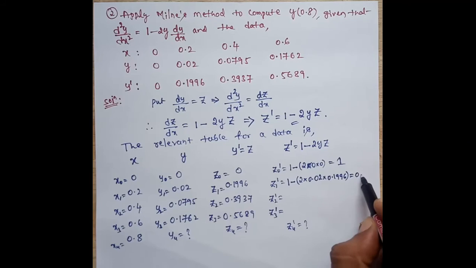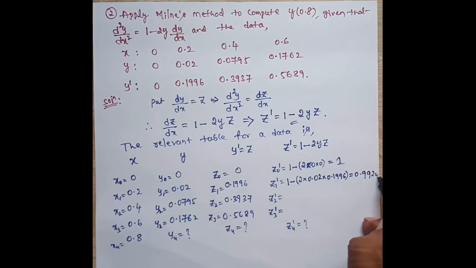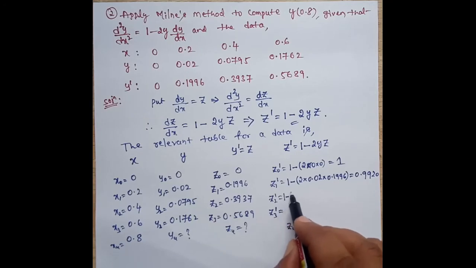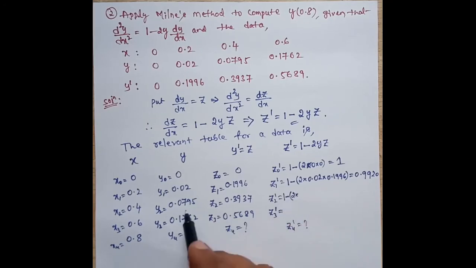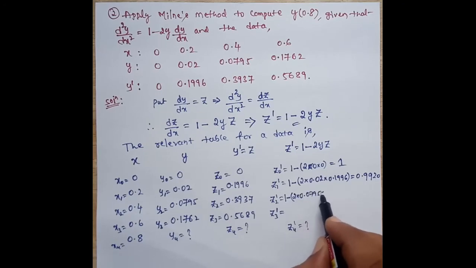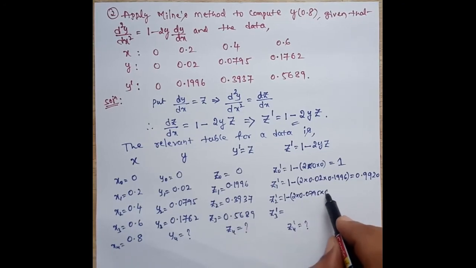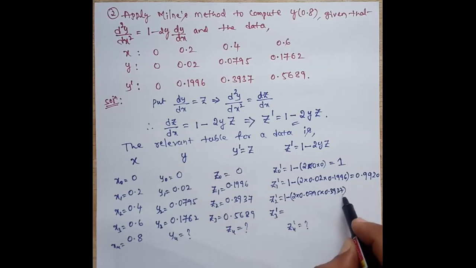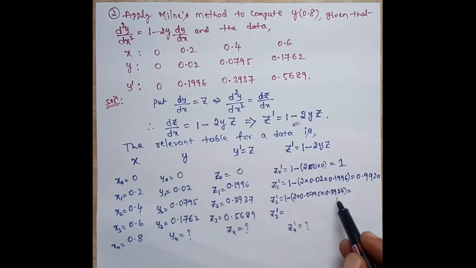It is 0.9920. Similarly z2 dash is 1 minus 2 into these two values, 0.0795 into 0.3937. I am substituting these two.